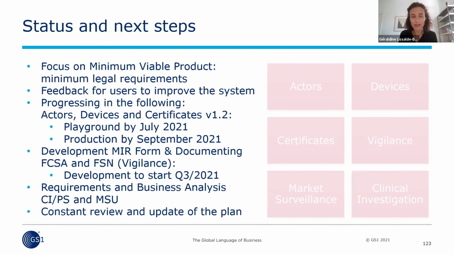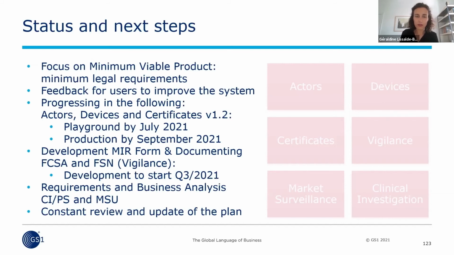Talking about deadlines and when things will be live. The first wave of development was related to the actor, certificate and device modules. For that one, the playground for the device module is open until July, and then production will be going on, and the release is planned for the end of September.